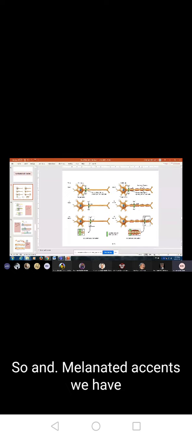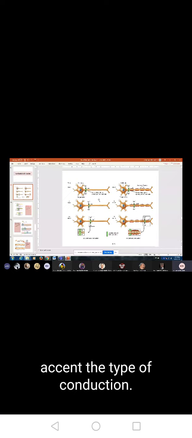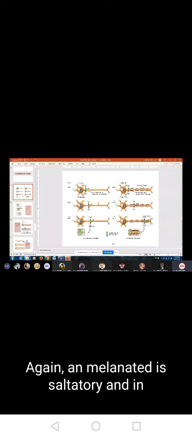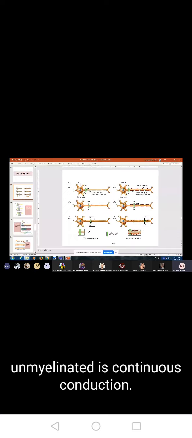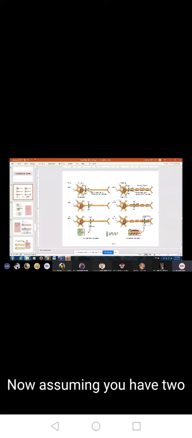So myelinated axons have faster conduction than unmyelinated axons. The type of conduction in myelinated is saltatory, and in unmyelinated it is continuous conduction.